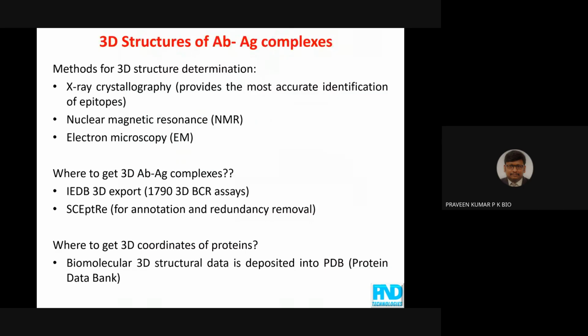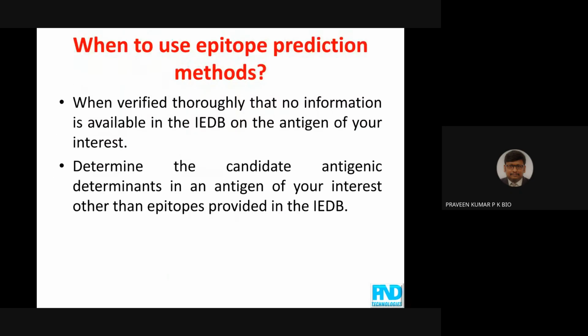Now, some information on the 3D structure of antibody and antigen complexes. When do we use the epitope prediction methods? Why do we have to go for B cell epitope prediction? The first answer I'm providing is when you have verified thoroughly that no information is available in the IEDB on the antigen of your interest.